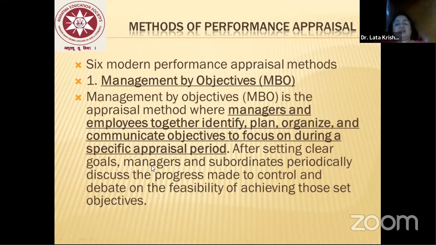So after setting clear goals, managers and subordinates periodically discuss the progress made and the feasibility of achieving those set goals. So goals are decided together by the managers and the subordinates, and they work towards achieving those goals. And monitoring of these goals is done through the MBO process.